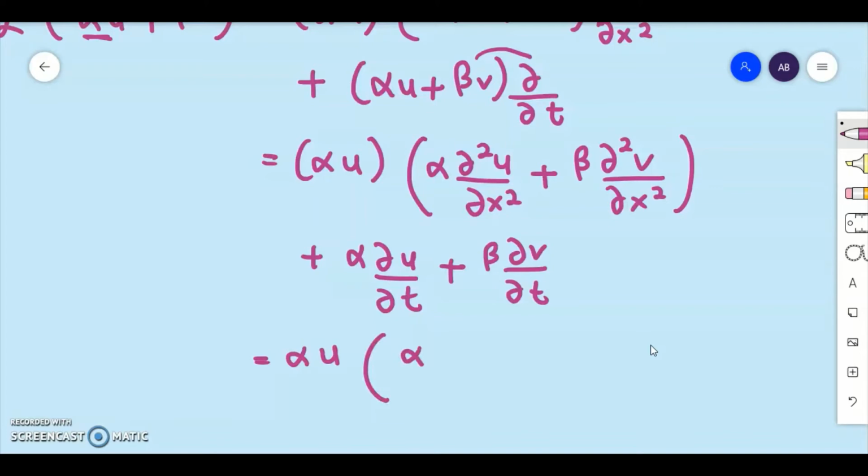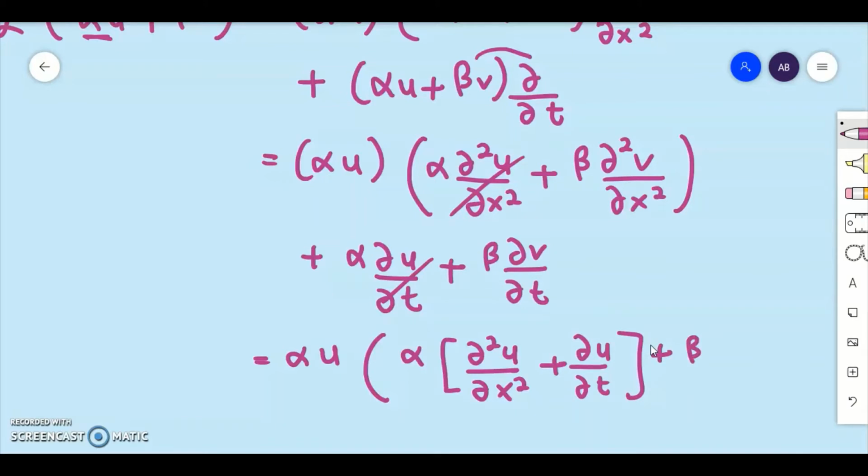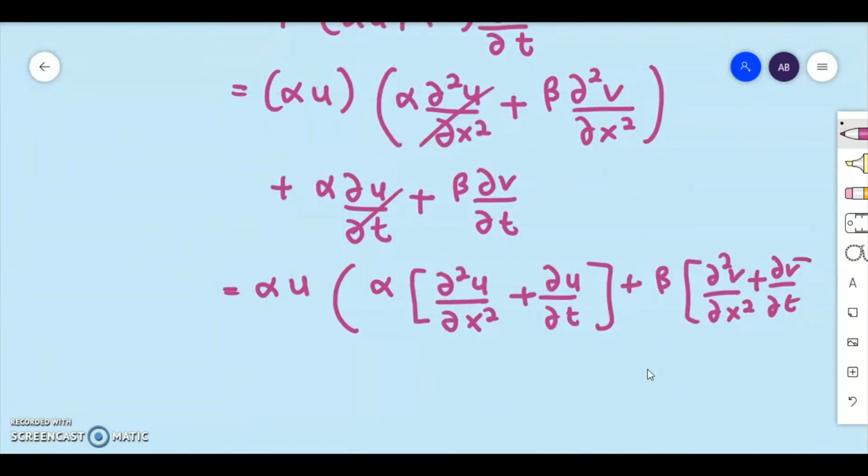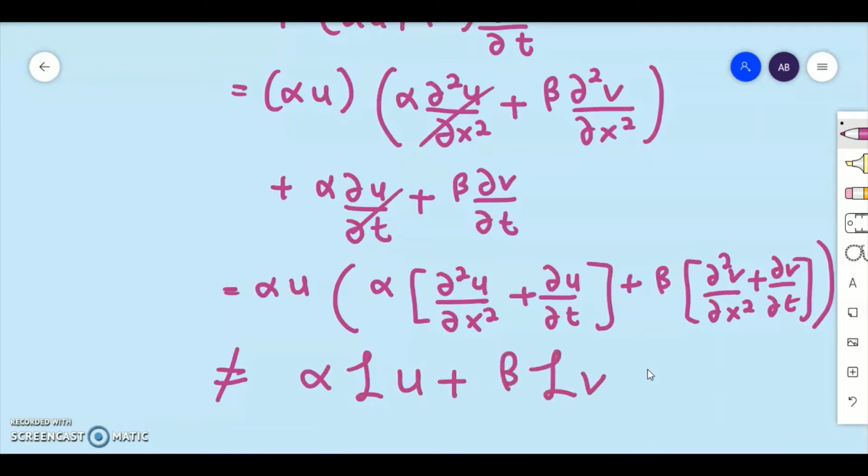If I take the operator L, I will have partial squared U over partial x squared plus partial U over partial T, and then plus beta, I will have partial squared V over partial x squared plus partial V over partial T. Okay, so this will never give me, so this is not equal to alpha LU plus beta L operator acting on V, because I have this term here.